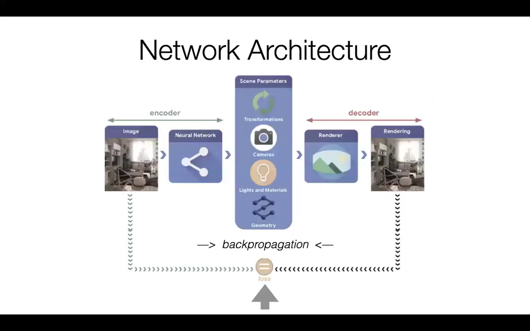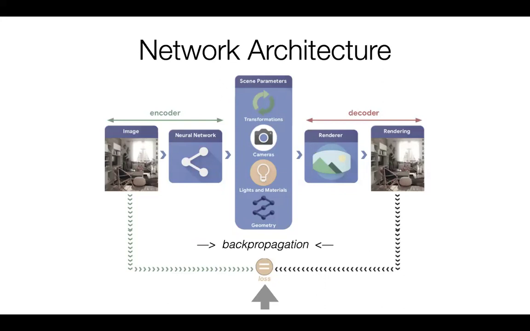And then we can create this kind of network architecture, because we have here an encoder and a decoder, and in the middle we have the parameters that we want to learn, right? And we are going to learn from images. And so if you have an encoder, this neural network has to look at this image and encode the parameters of the scene.